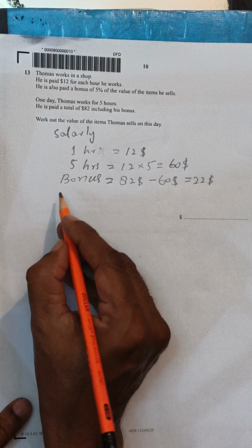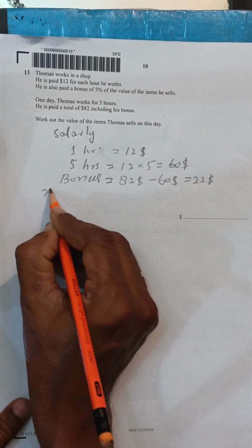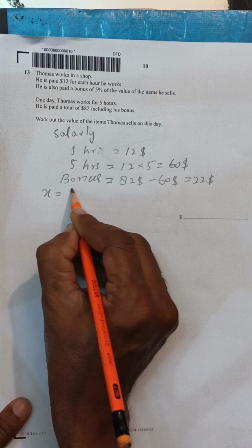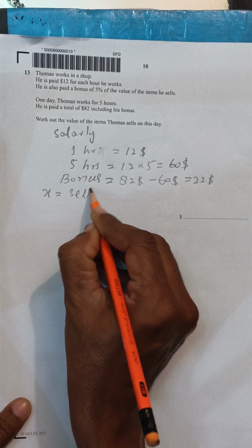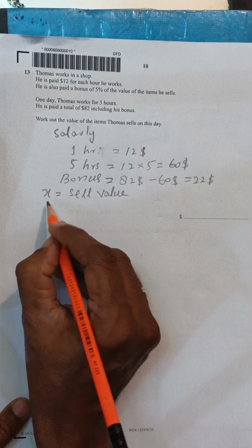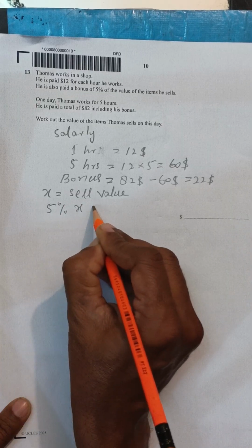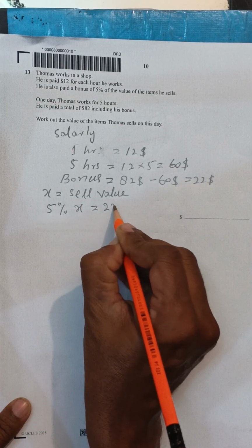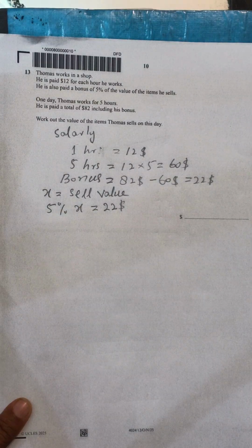So now the equation: if x is the sell value, then 5% of x equals the bonus amount. Am I right? 5% of x equals the bonus amount.